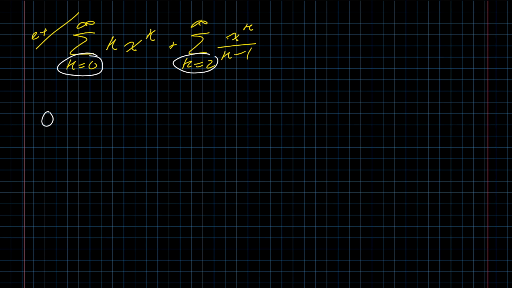I get 0 times x to the 0, which is just 0. If I plug in k equals 1, I get 1 times x to the first, which is just x. And then I have everything else left, from 2 to infinity, and I can still leave that in the summation form.